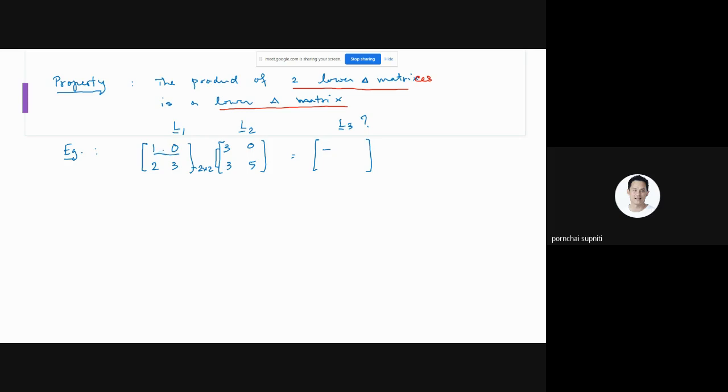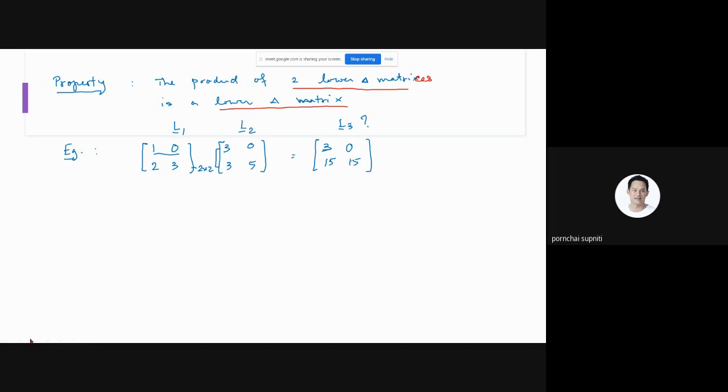So what do we get? 3. How about the next one? 0. Then 15, and finally 15. So is this a lower triangular matrix? Yes.